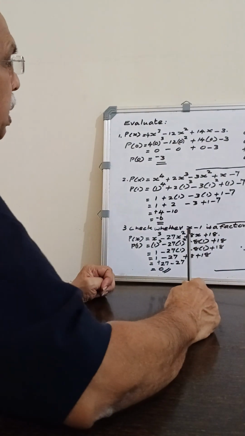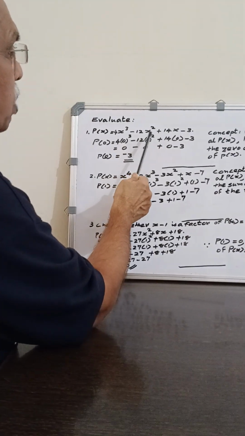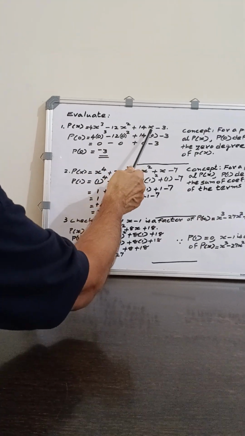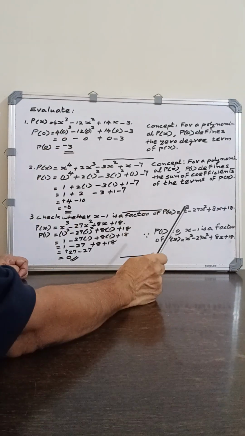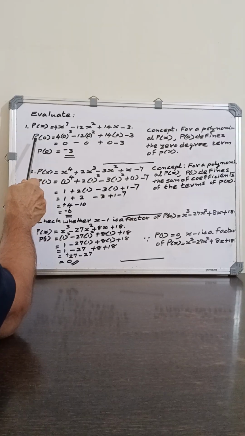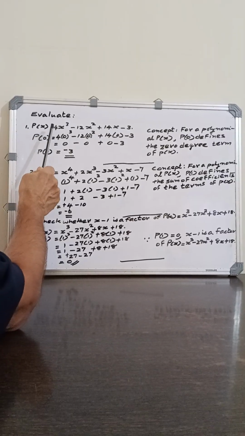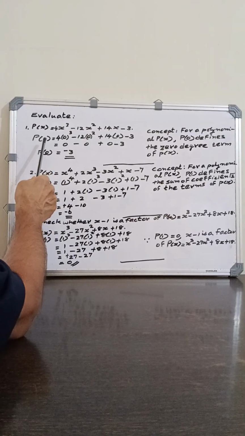Evaluate P(x) = 4x cubed minus 12x squared plus 14x minus 3. That polynomial is given here. P of 0 means in the place of x in the given polynomial P of x, you have to substitute 0.